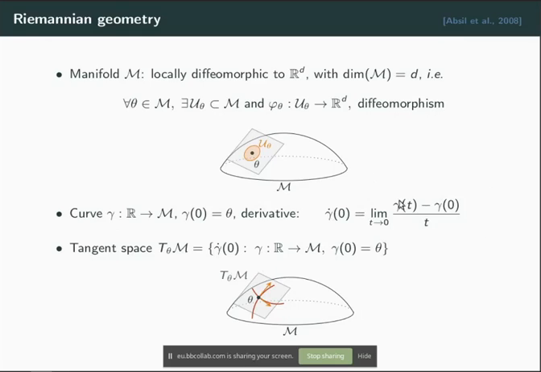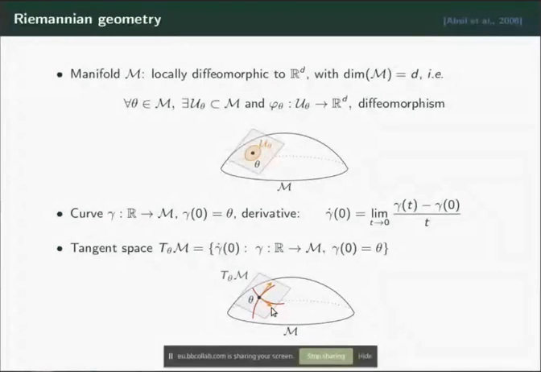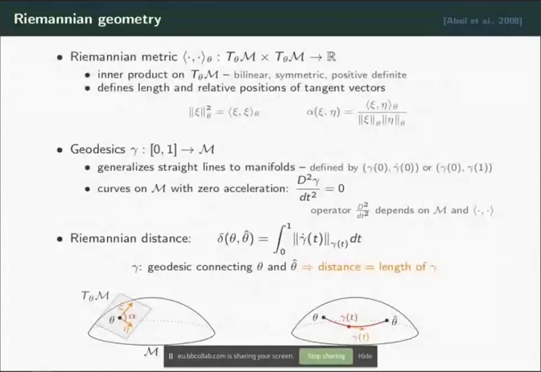And that allows us to define the tangent space of the manifold, by taking, in fact, all the curves that go through a point and taking their derivatives at this point, and this defines the tangent space. So things get really interesting when we then define a Riemannian metric on the manifold.